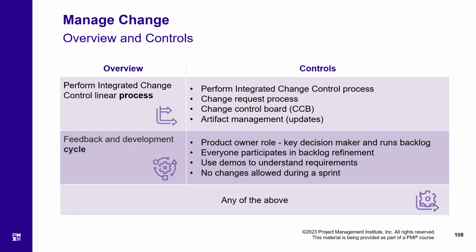So after completing every iteration, the project team will have to go back to the product backlog to pick up new tasks for the next iteration. But in the product backlog, there might be a couple of new requirements which were received while we were doing our first iteration.